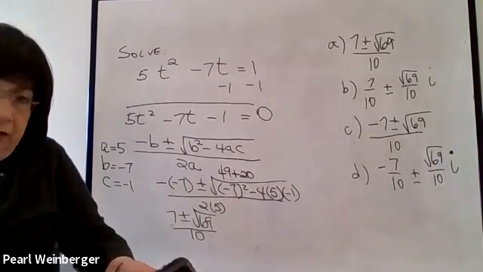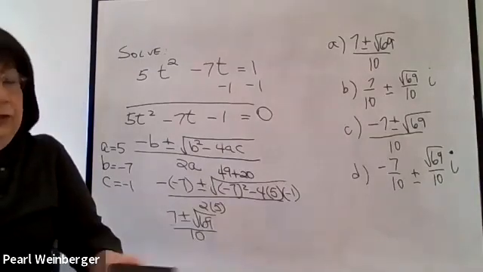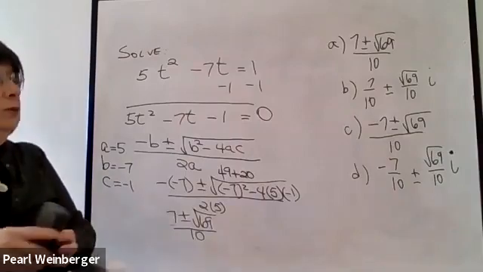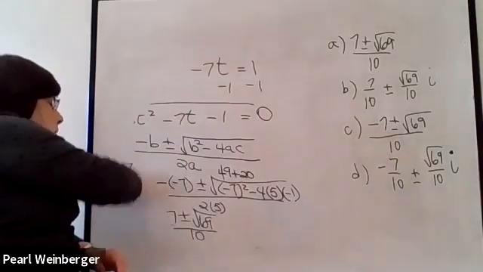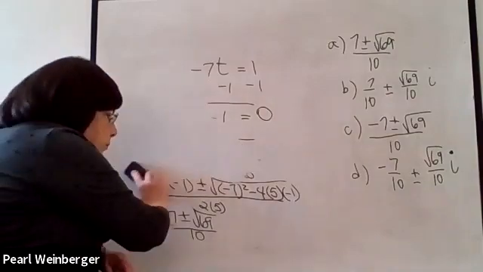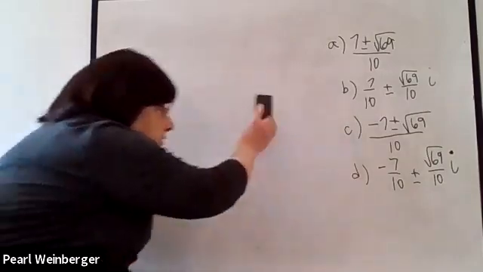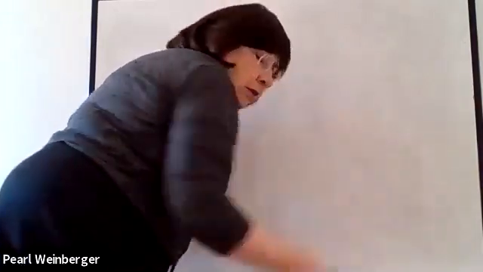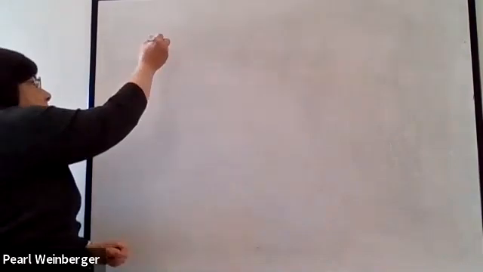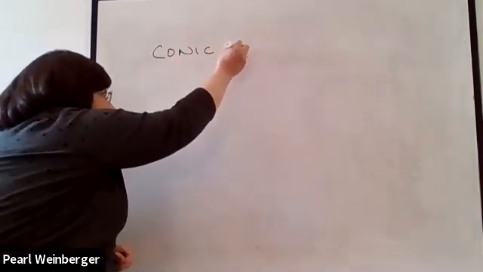Chapter 8 is going to be the last chapter. For some reason, that's how the syllabus is written, and I may as well follow it the way the syllabus is written. We're going on to chapter 9. Let me just erase this so we can start fresh. The title to chapter 9 is called Conic Sections.